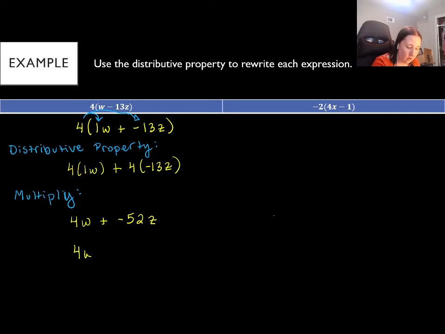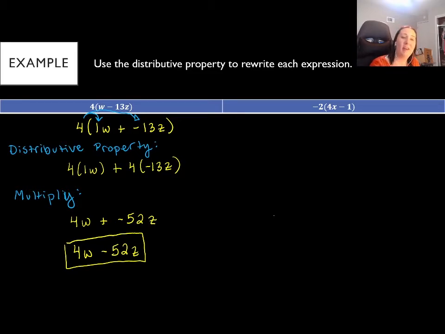So we have 4w minus 52z. And when you get really good, you can figure that out from the first step, and you don't have to do your rewriting as plus and negative because you turn it back into subtraction later on. But as I said, it's really important to do the adding a negative so that you don't make mistakes.